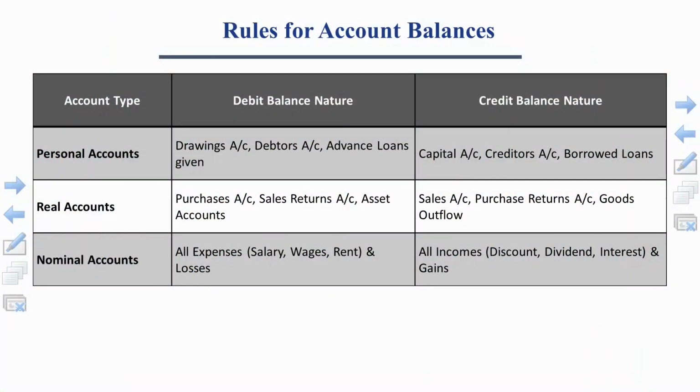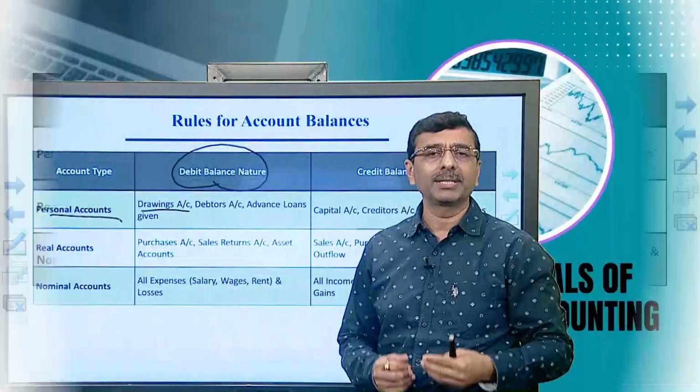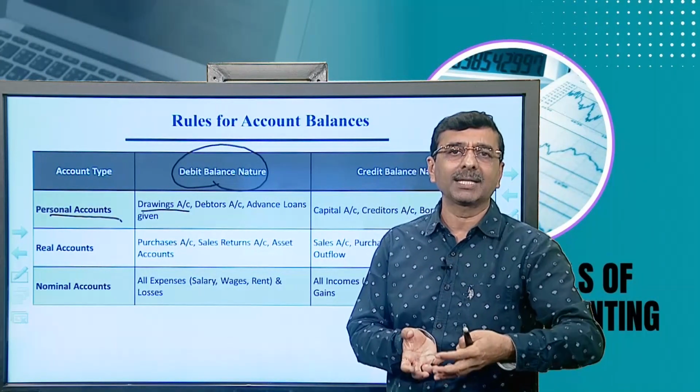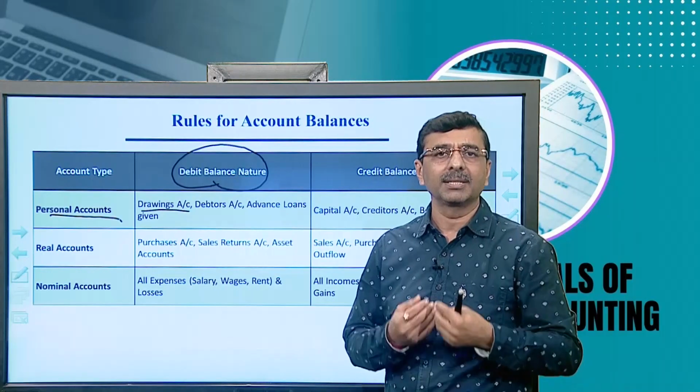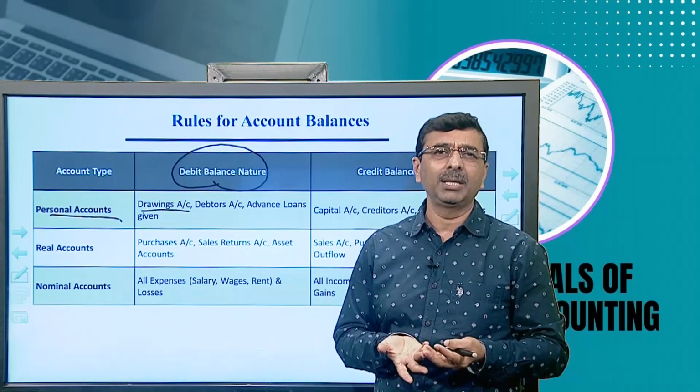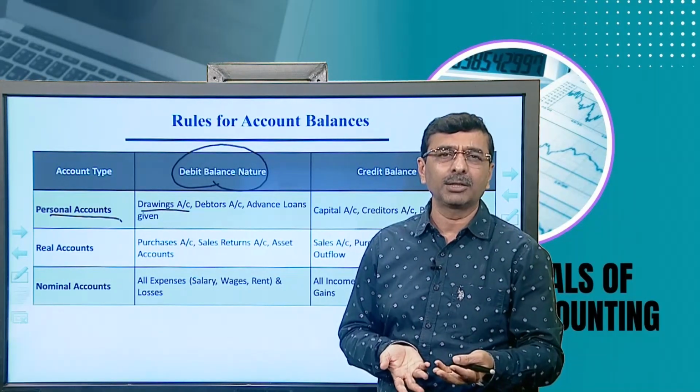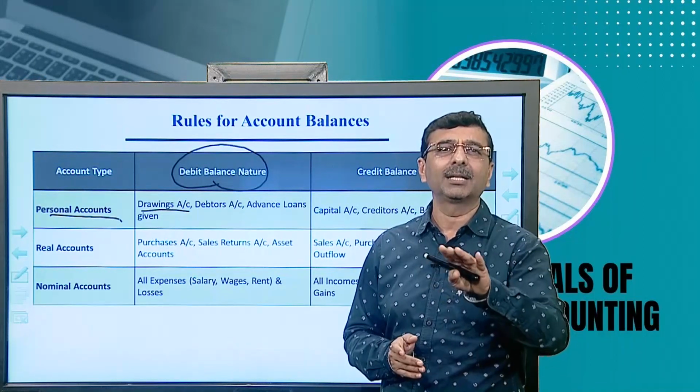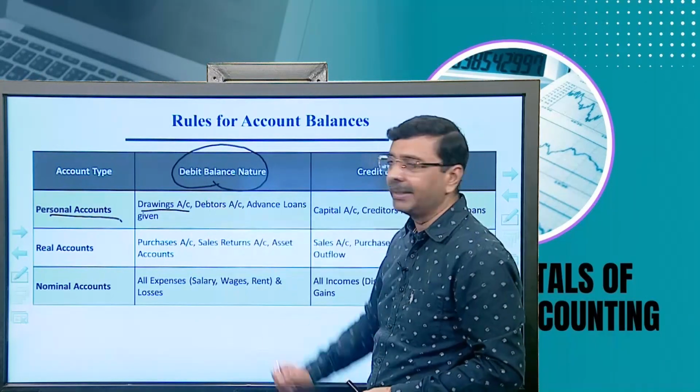Suppose in the case of personal accounts, some are debit balance by nature. The drawings, as I mentioned, are always debit, because drawings means withdrawing cash or goods from the business. So capital has to be reduced. That is why it is considered drawings, and the drawings account is always debit.